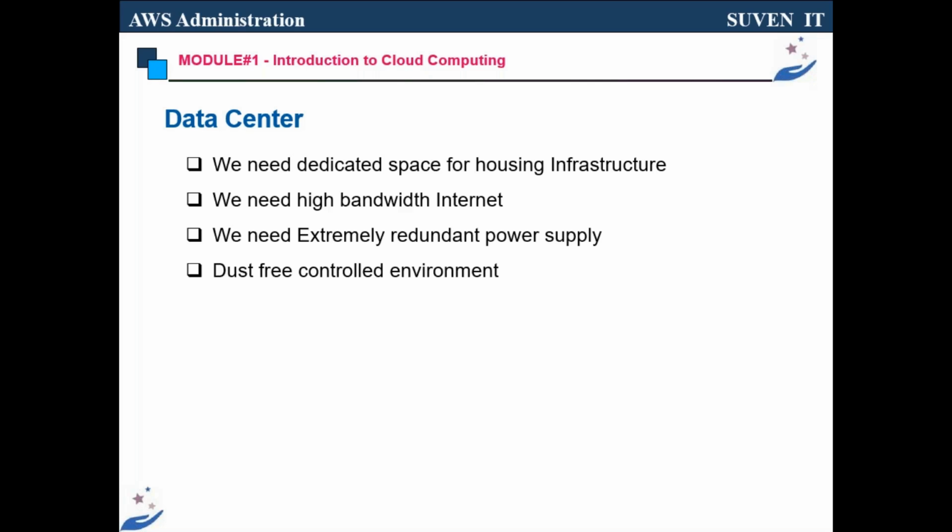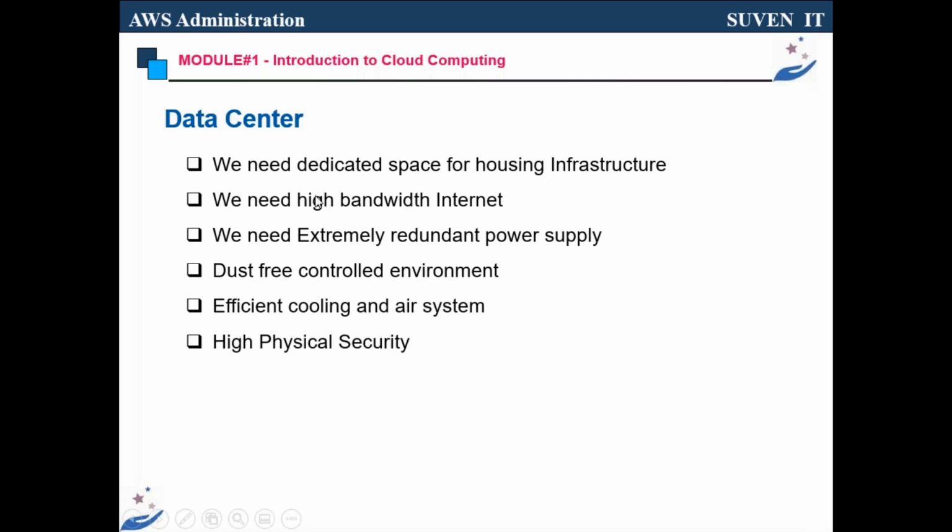Also high power supply. They need to take the power supply from two different states. If the whole state has a power failure, the environment should still run with the other area. Also a dust-free environment, an efficient cooling system, and AC air.